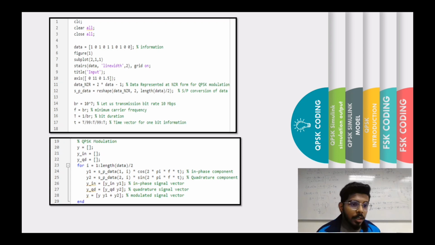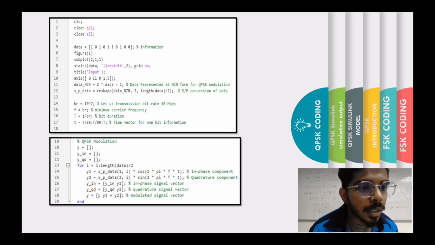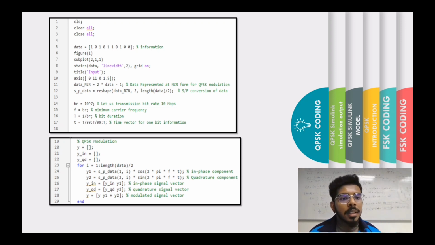Okay, then in line 5 we can see an array of data is created to represent binary information, and in lines 6 to 10 a plot is created to visualize the binary input data.